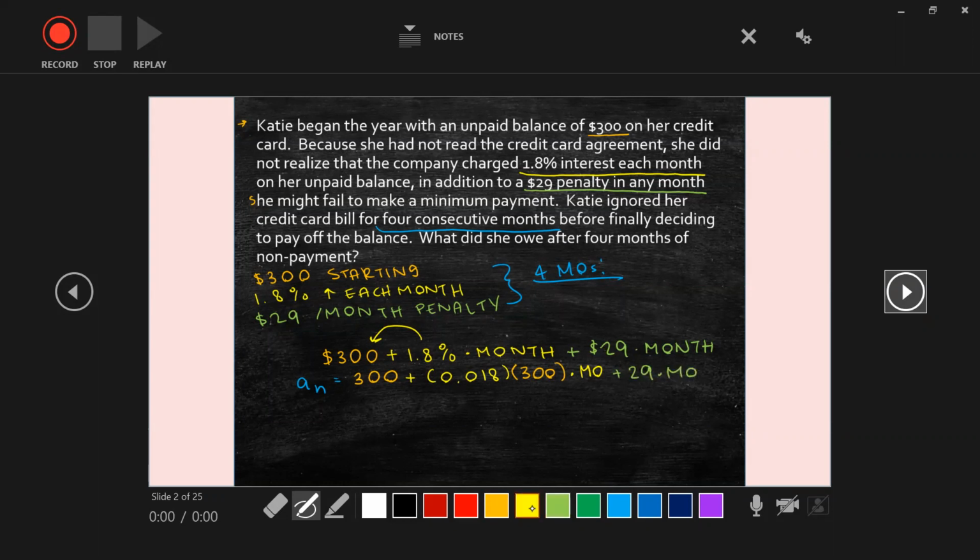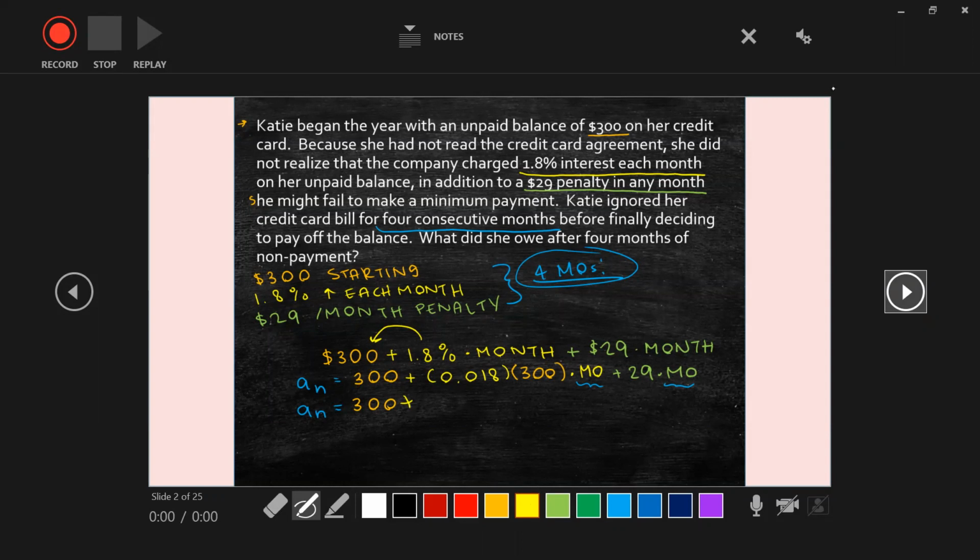Well, the thing that's varying in this problem is what month it is. And if you look, we're also trying to find what happens at 4 months. So why don't we label this as a sub n, our sequence, is equal to 300 plus, and I'm going to toss that 0.018 multiplied by 300 into my calculator.